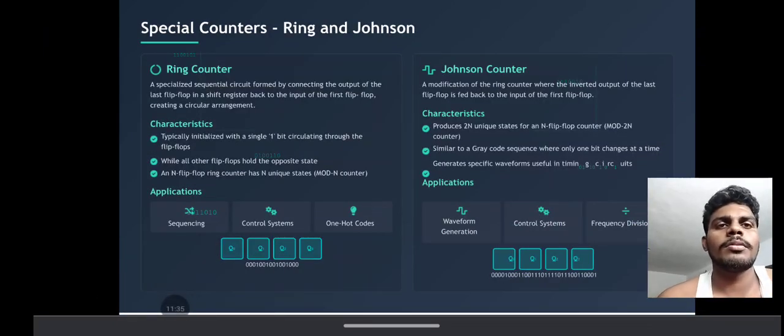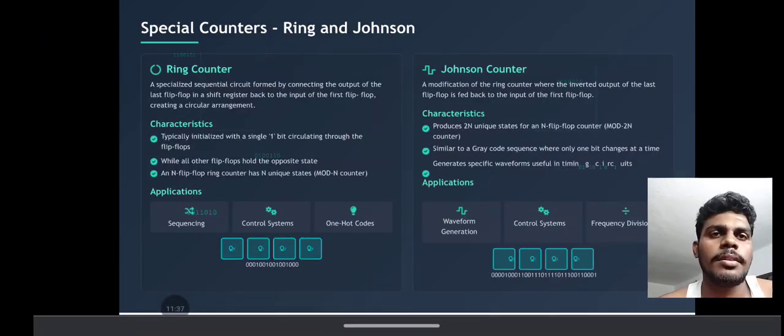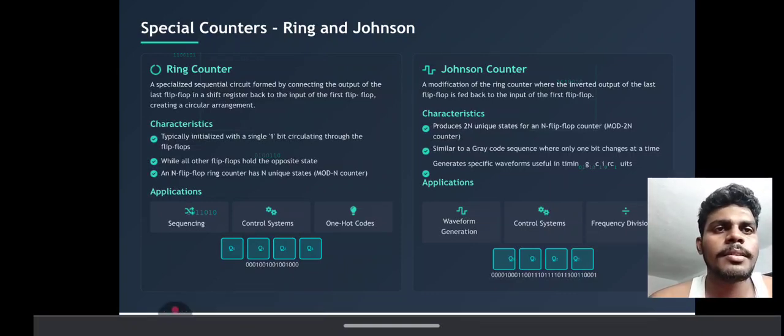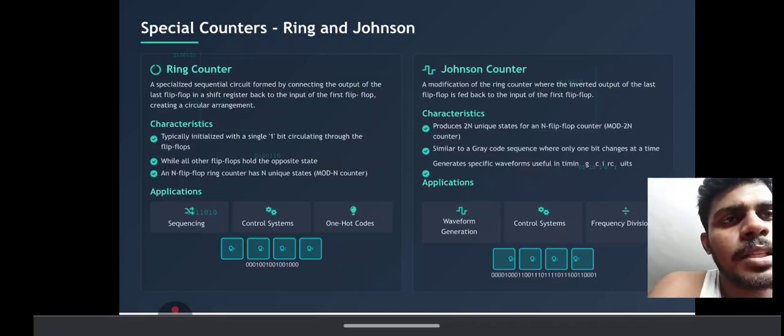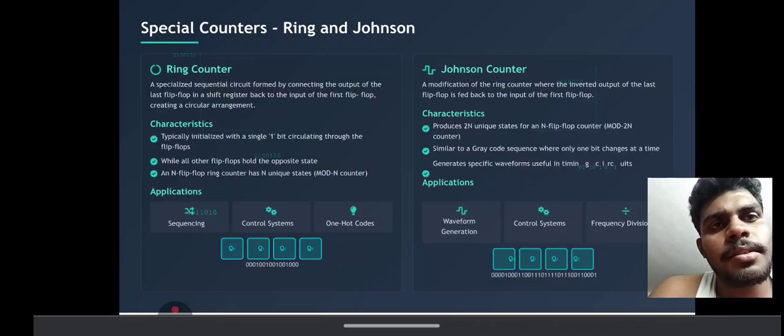Special counters: ring and Johnson. Ring counters are special sequential circuits formed by connecting the output of the last flip-flop in a shift register back to the input of the first flip-flop, creating a circular arrangement.